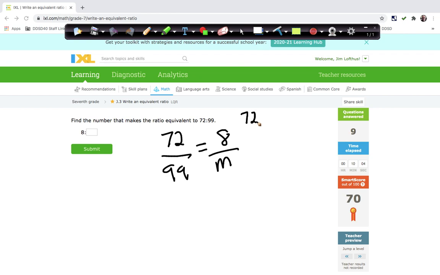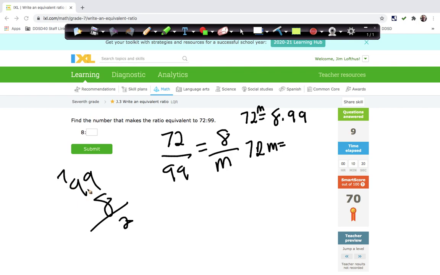So 72m is equal to 8 times 99. 8 times 99 is 792. 792 divided by 72.